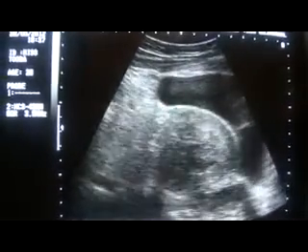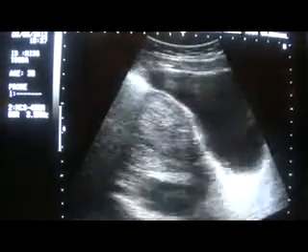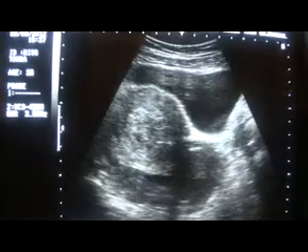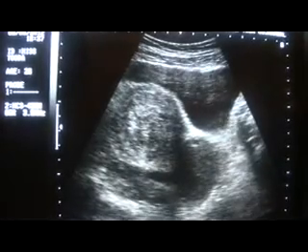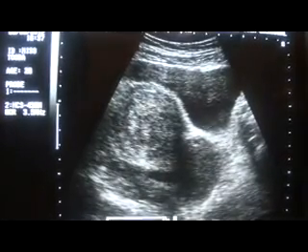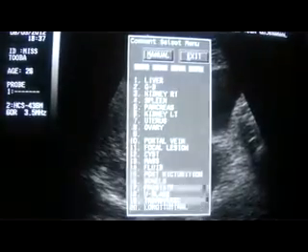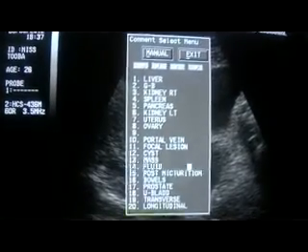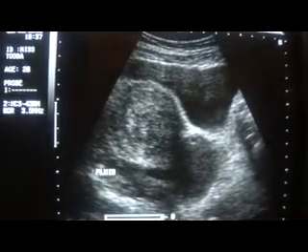And here you can see the right ovary is at the edge of the fluid pocket on the right side, measuring 5.2 into 2.5 centimeters.